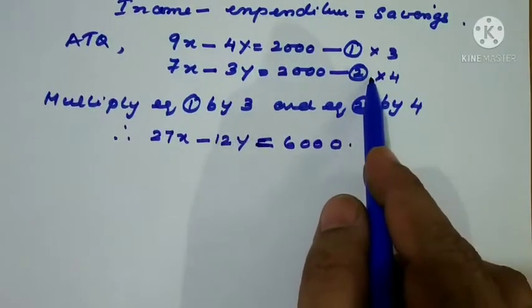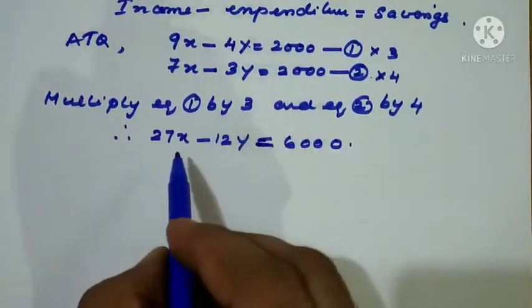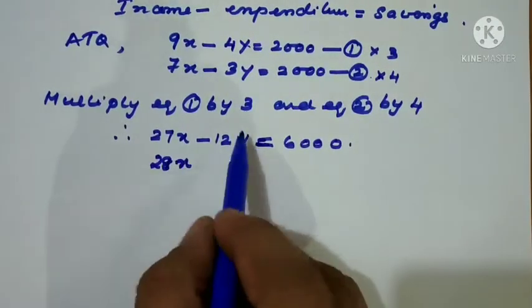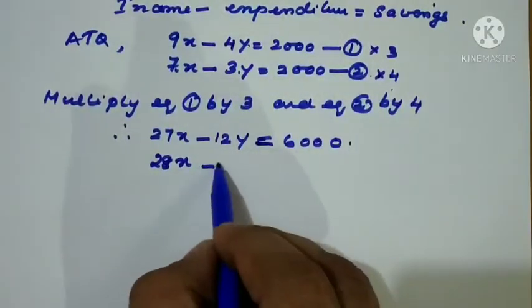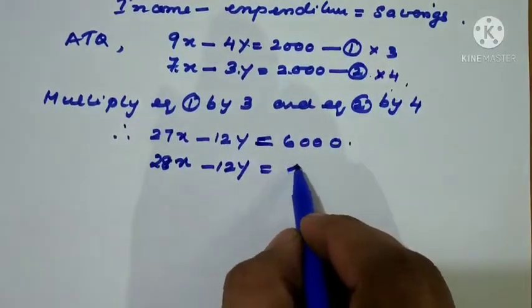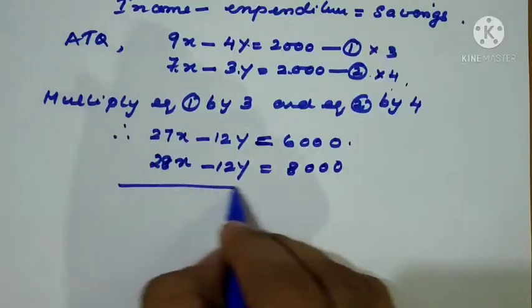Similarly, the second equation is multiplied with 4. So 7 into 4 is 28x, 3 into 4 is 12, and 2000 into 4 is equal to 8000.